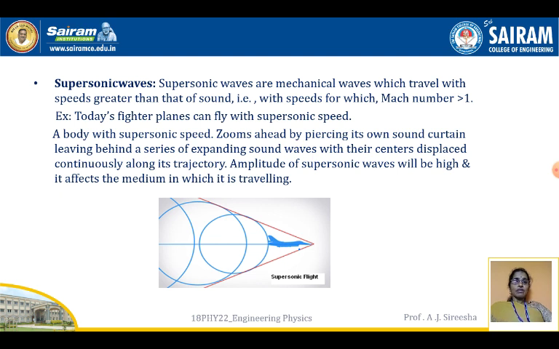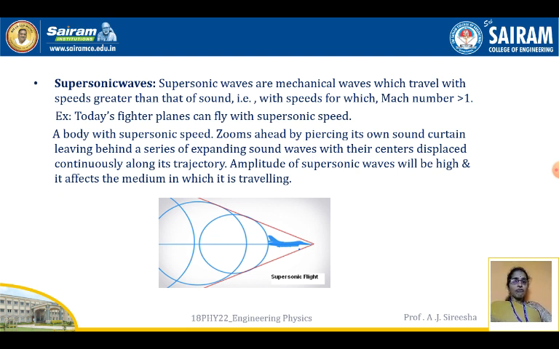According to the definition of the Mach number, it is object speed divided by the speed of sound in the medium. Since the object is moving with a very high speed compared to the speed of sound, the numerator is more than the denominator. The Mach number is always greater than 1. Such waves are called supersonic waves.